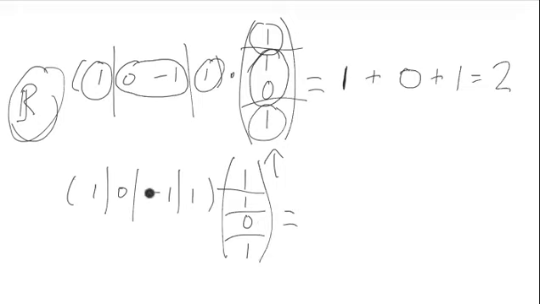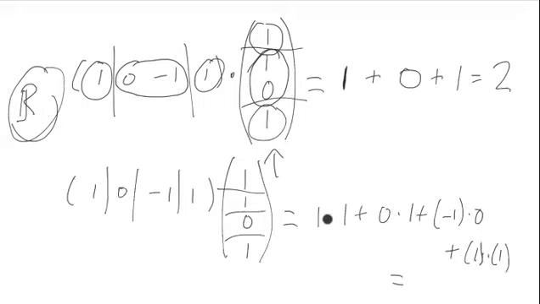Then it would simply be this times this, plus this times this, plus negative 1 times 0, plus 1 times 1. And the result would be 1 plus 0 in there, and plus 1 would be 2.